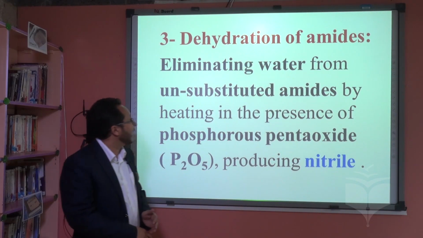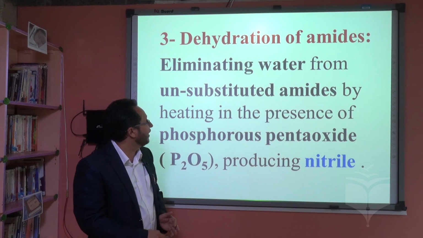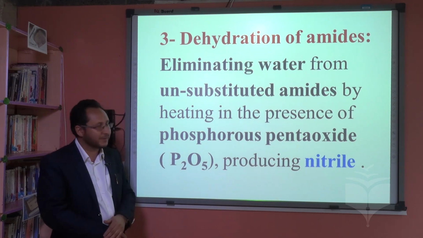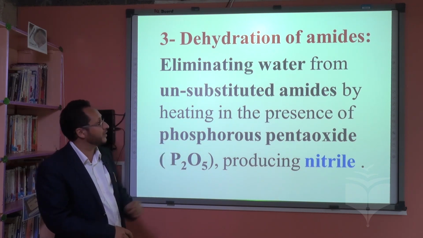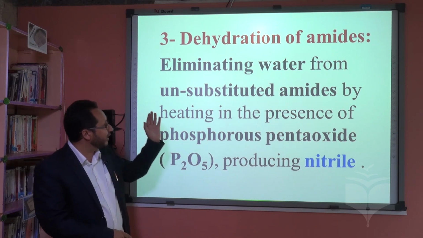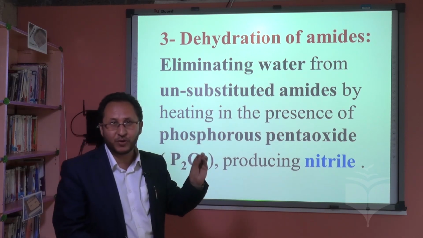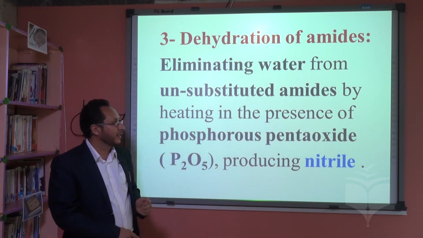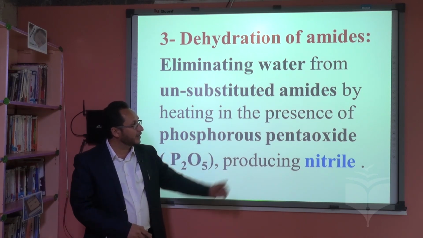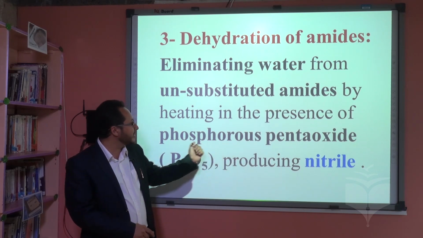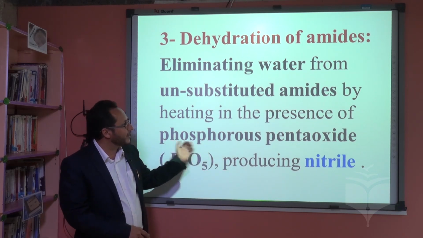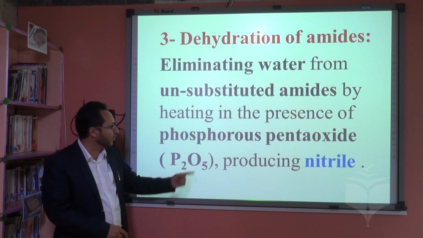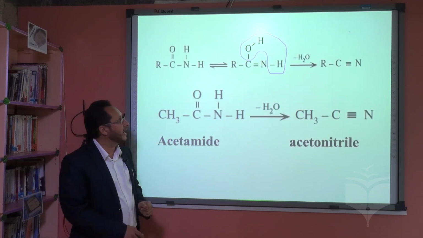Now the third reaction is the dehydration of amides, and this is a very important reaction. Removing, it means eliminating a water molecule from the unsubstituted amide, gives the nitrile. This reaction takes place with phosphorus pentoxide, P2O5. Look at this reaction.